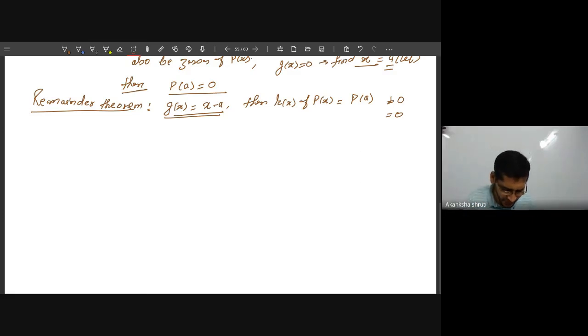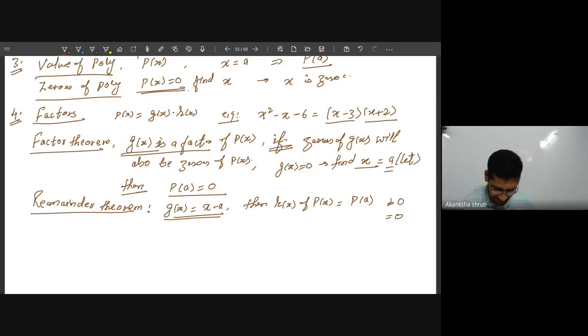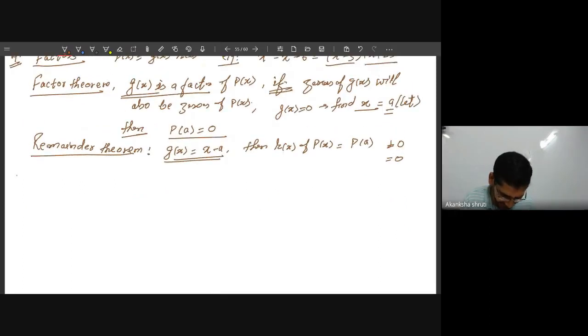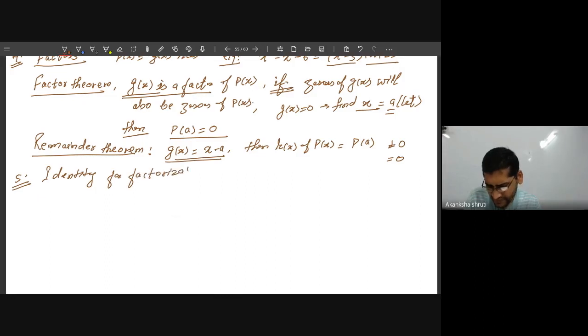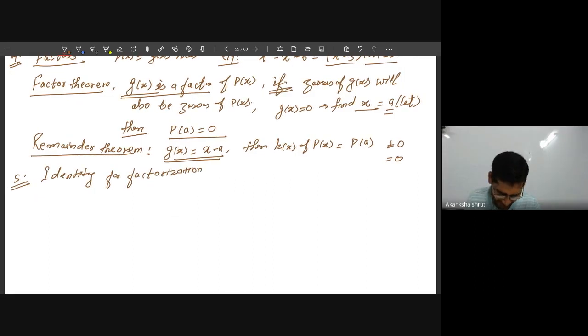So these were the 4 important things. The 5th important thing was our identities for factorization. The very first identity was (a plus b) whole square is a square plus twice ab plus b square.